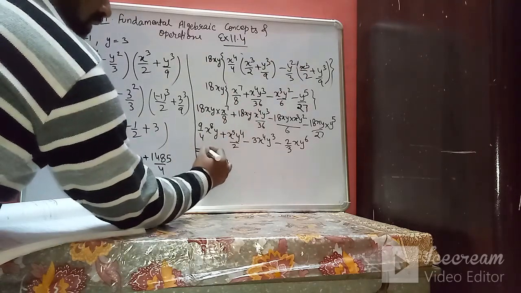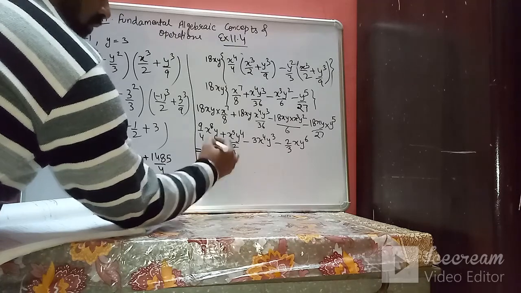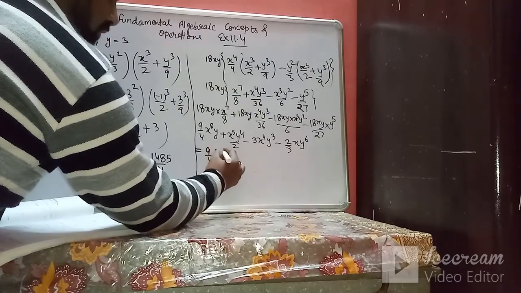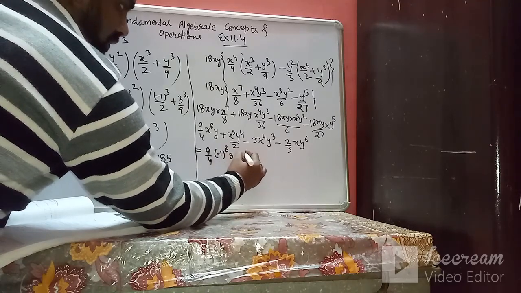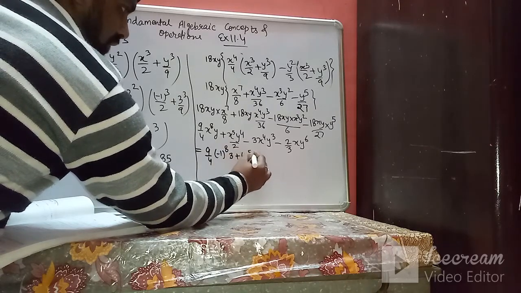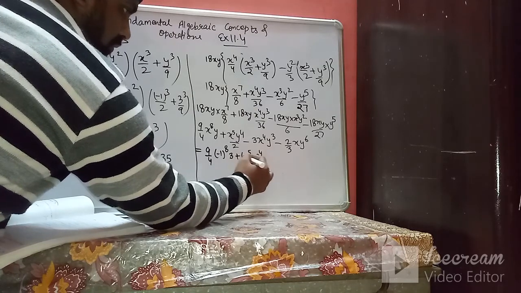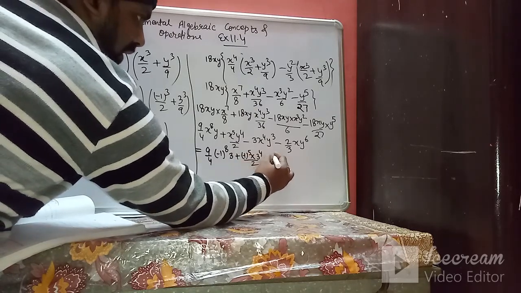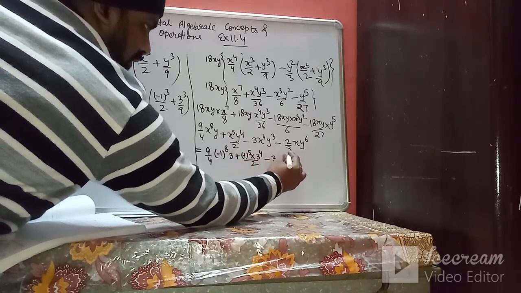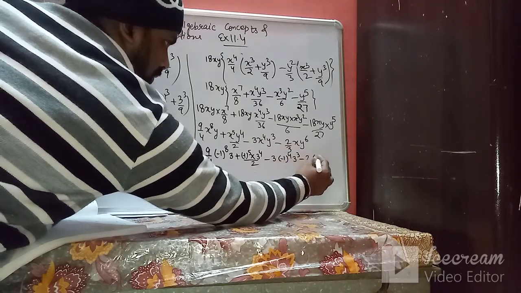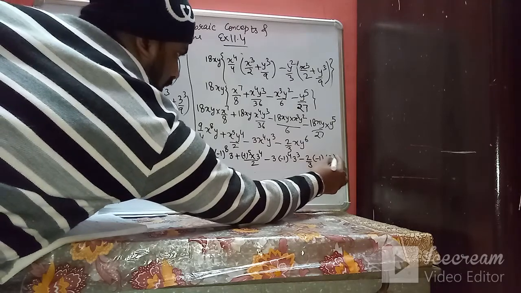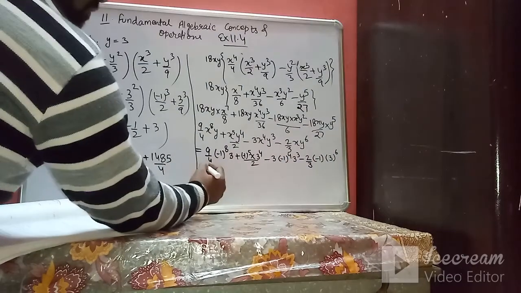So now we will put the value in this. 9 upon 4 into x is minus 1 to the power 8, y is 3, plus minus 1 to the power 5 into 3 to the power 4 upon 2, minus 3 into minus 1 to the power 4, 3 cube, minus 2 upon 3 into minus 1, 3 to the power 6.